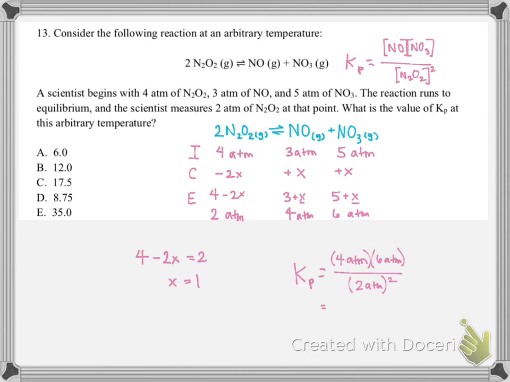And this value ends up being 6. That's our answer for the question. That's our Kp value, and we know it's already a Kp because we have it in atmospheres and partial pressure. So the answer here is just A.